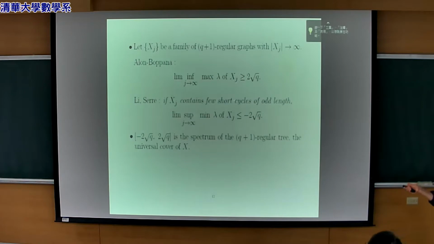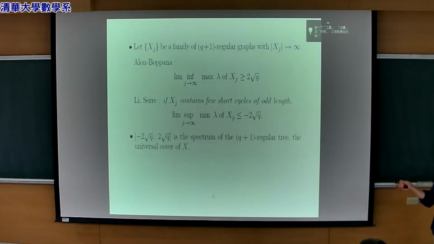And it's natural to ask the symmetric statement: take the smallest non-trivial eigenvalue and take a lim sup of that to see whether it's less than or equal to minus 2 root q. Unlike the largest non-trivial eigenvalue, the second inequality does not hold unconditionally, but it holds under a very simple, mild assumption.